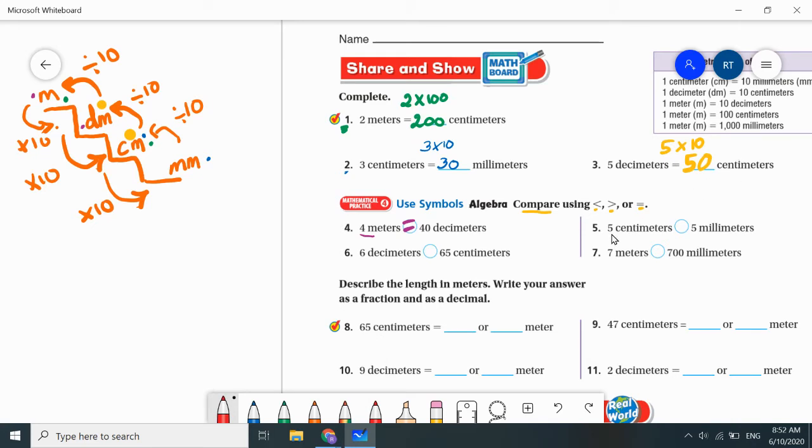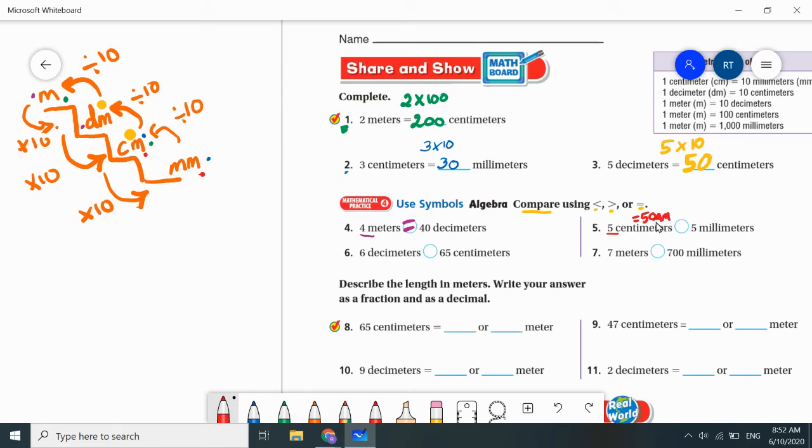I have 5 centimeters and 5 millimeters. How much is the 5 centimeters? Is it equivalent, equal to 5 millimeter, less than or greater than? So let's look at 5 centimeters. I am here and I want to go to millimeter. From larger to smaller, I need to multiply, and I need to multiply only by 10, so 1 0. So 5 centimeters is equivalent to 50 millimeter.